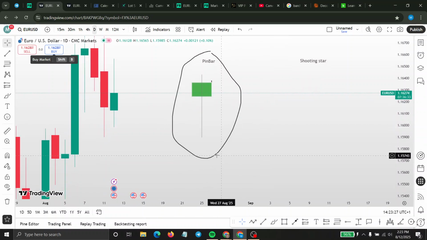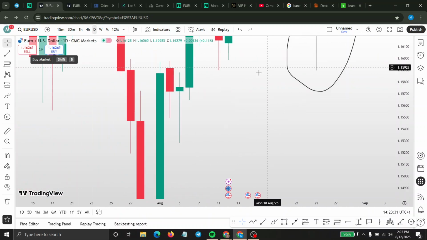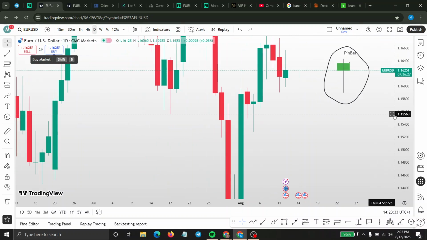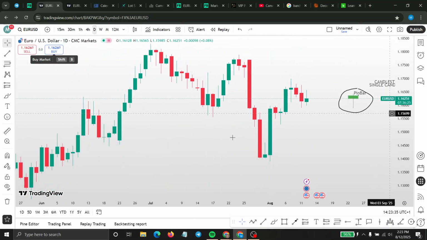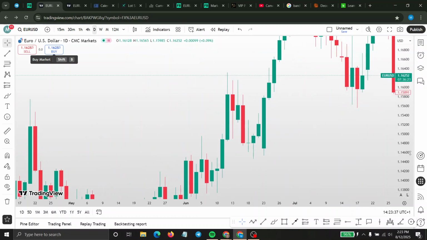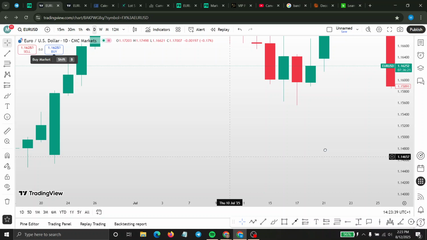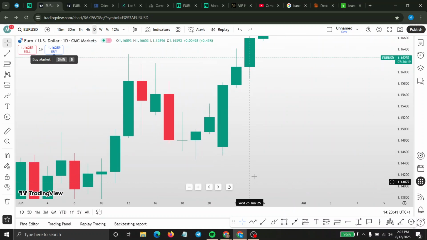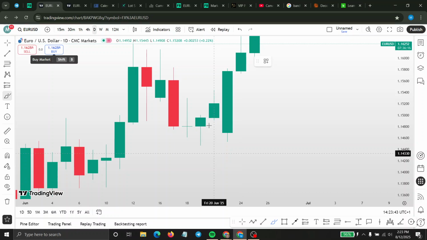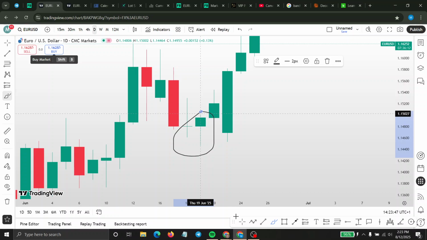Okay. Now let's look at an example of a pin bar on our chart and see how it forms. You can see this is an example. Can you see it? Yes, sir.